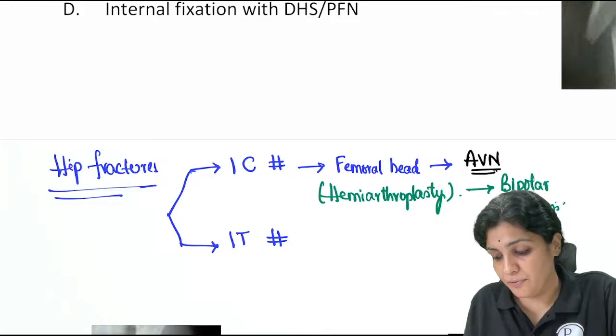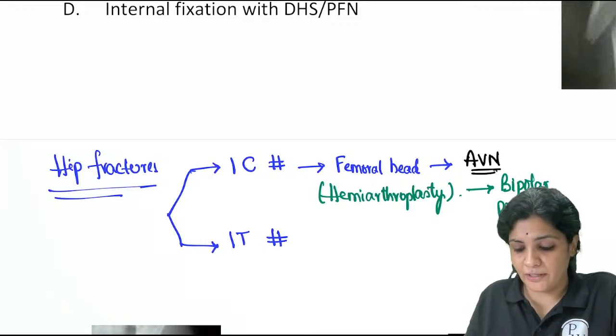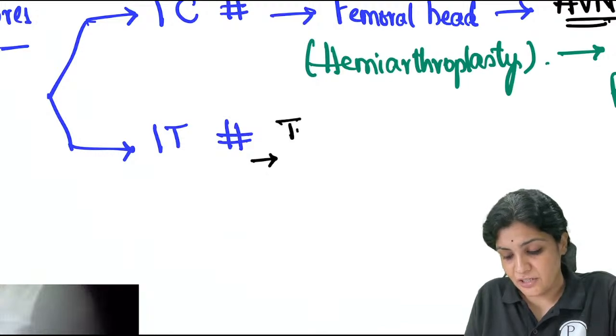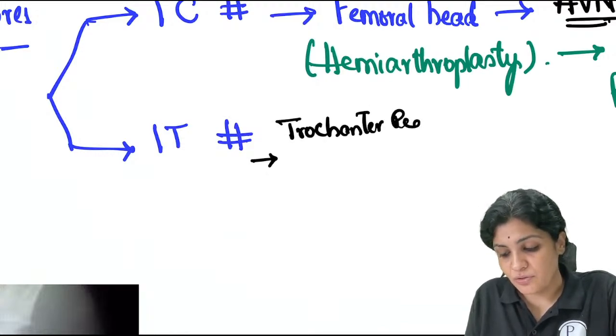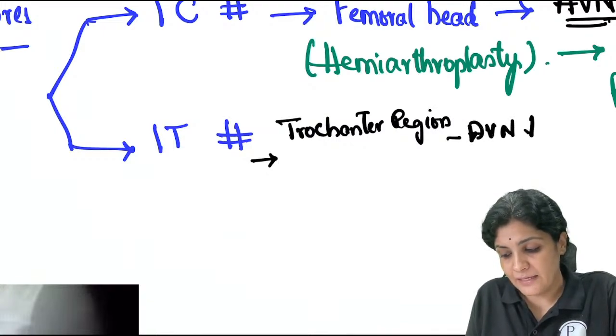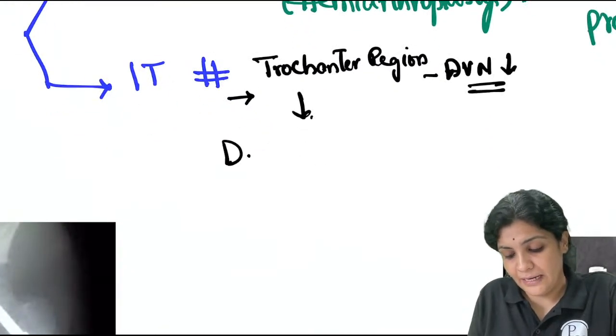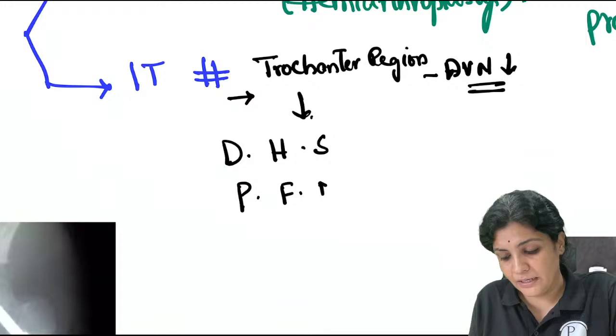Whenever I'm talking about the IT fracture, it is the intertrochanteric fracture. So the trochanter region is fractured. So the risk of AVN is less. Hence, we treat with what is called a dynamic hip screw or the proximal femoral nail.